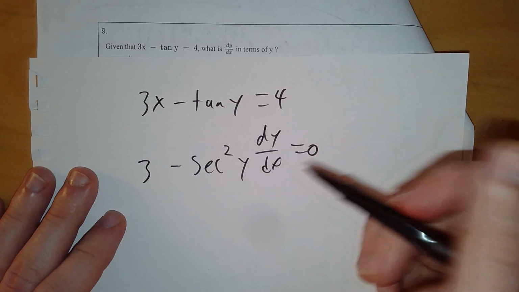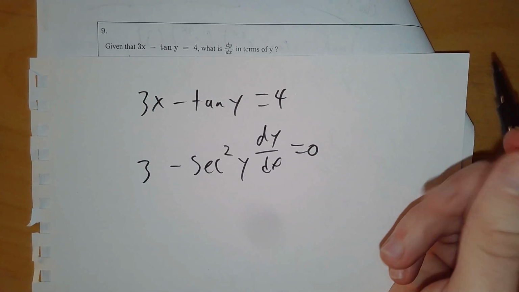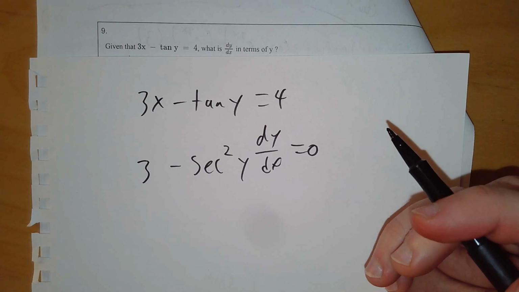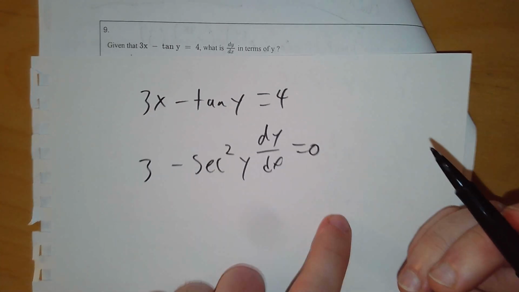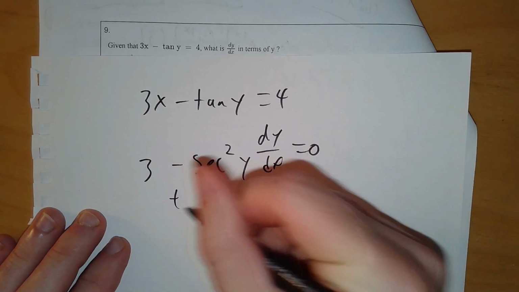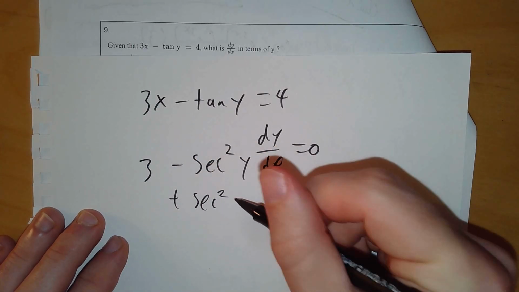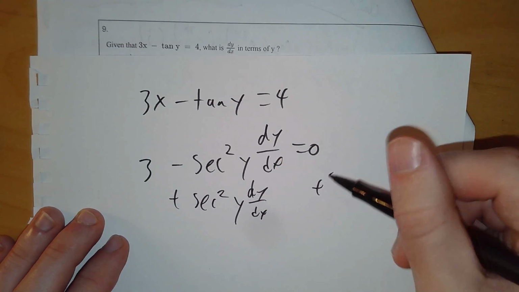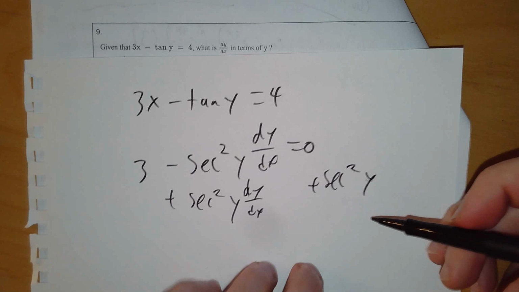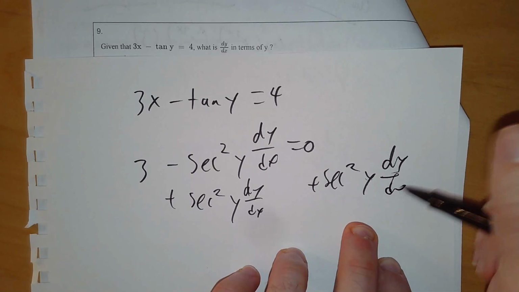One piece of advice I have for you is keep the values positive if you can. It works out nicer that way. So instead of moving that 3 over, let's move the secant squared over to the right. So it's going to be plus secant squared y dy/dx on both sides.